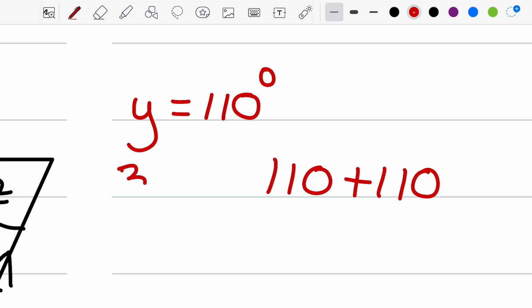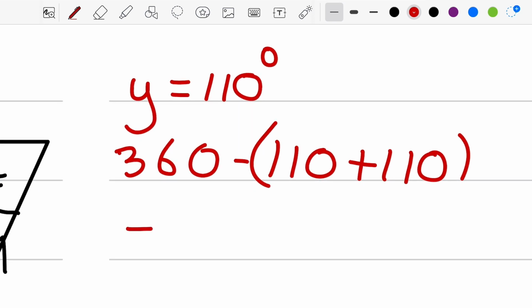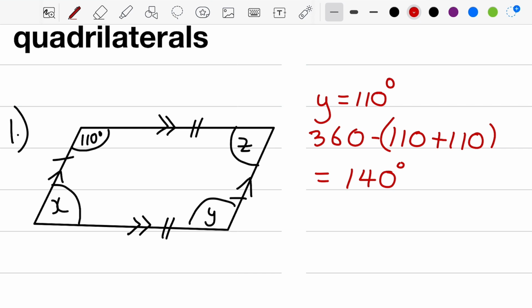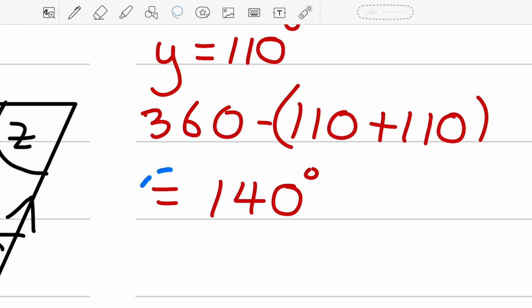So let's say 360 take away this here, which is 220, and that will give us 140 degrees. So x and z will also sum to be 140 degrees.